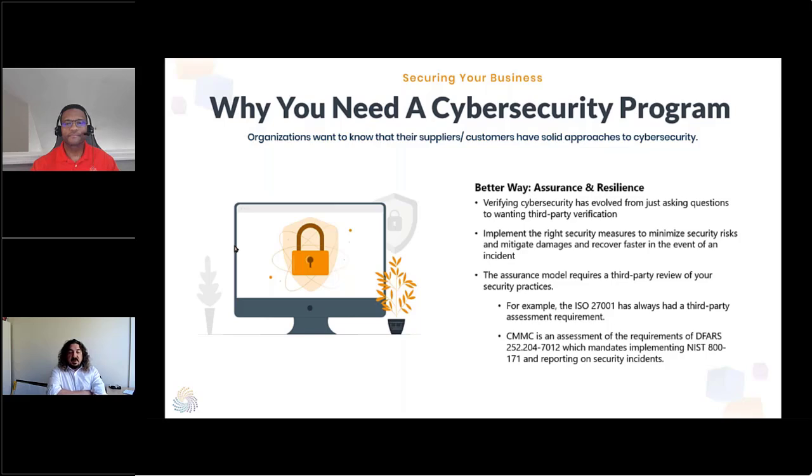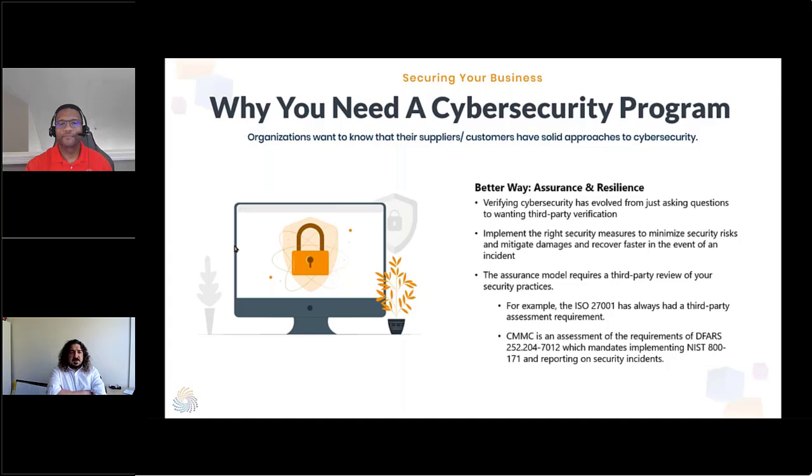We also expect adversaries to be occasionally successful, right? So we want a third-party review of practices to say, yes, indeed, you're doing what's expected as a supplier. And then we want a third-party review like ISO 27001, or, in the case of DoD, CMMC.